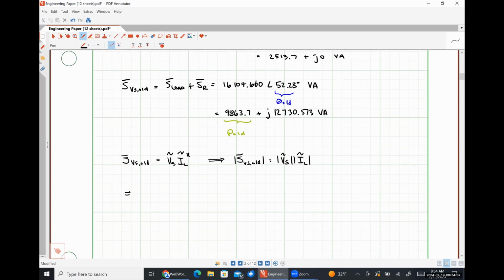So rearranging this, the magnitude of our source voltage is just the magnitude of our complex power divided by the magnitude of IL. So what's the magnitude of our complex power supplied by our source prior to power factor correction?